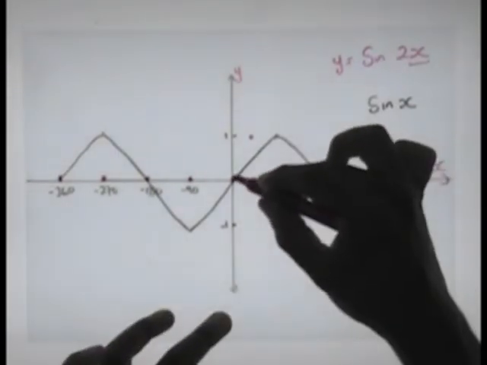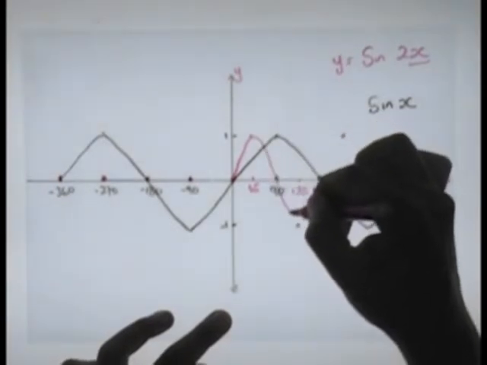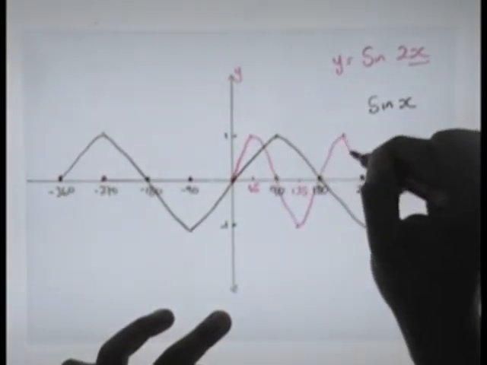Basically what's going to happen is that our graph is now doubled.